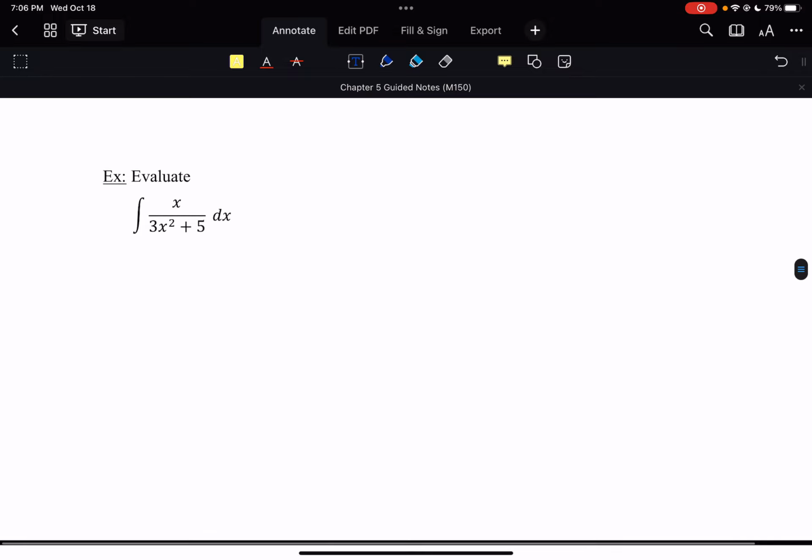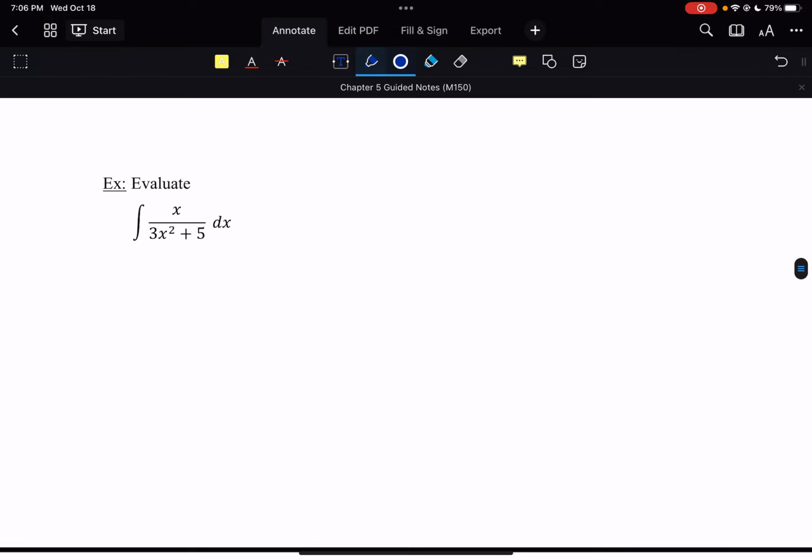For this next one, if we look at the pieces we have here, we have a 3x squared plus 5, we have an x. This can't be evaluated directly as is, so we need to come up with a substitution. Now, we really only have two choices here.